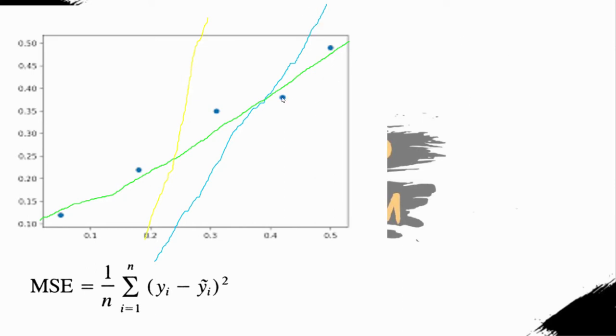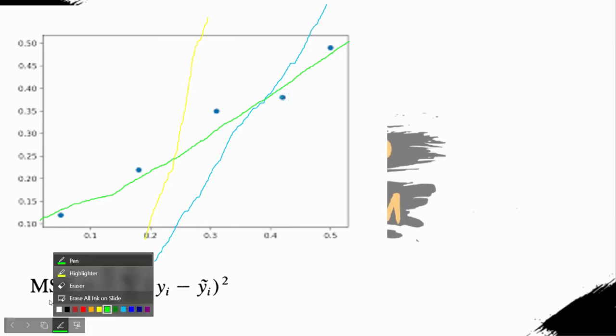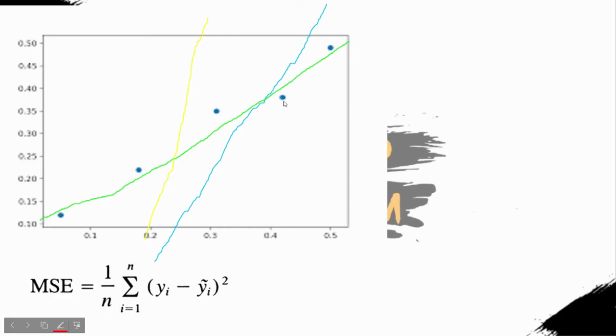Consider this data point. This height is my actual y, and this is my predicted y, denoted by y hat.